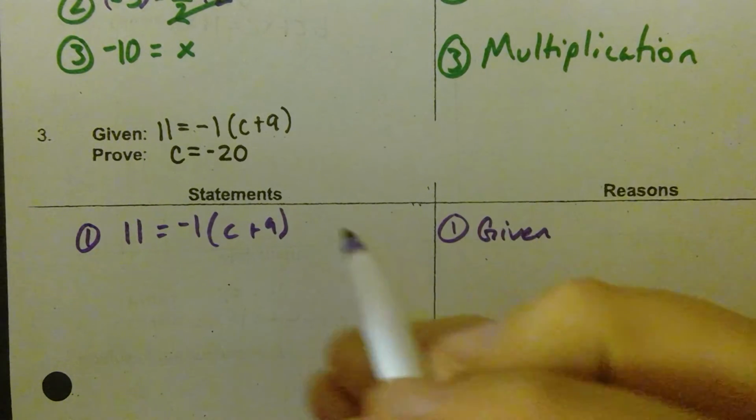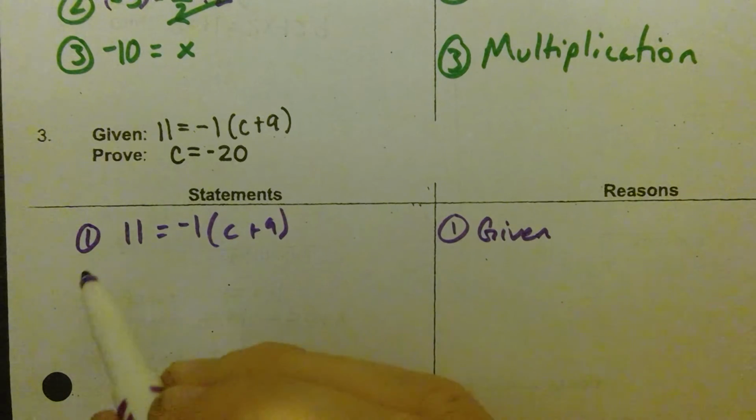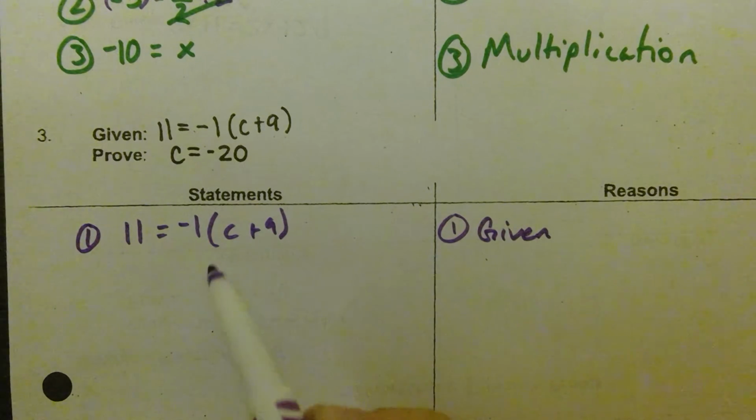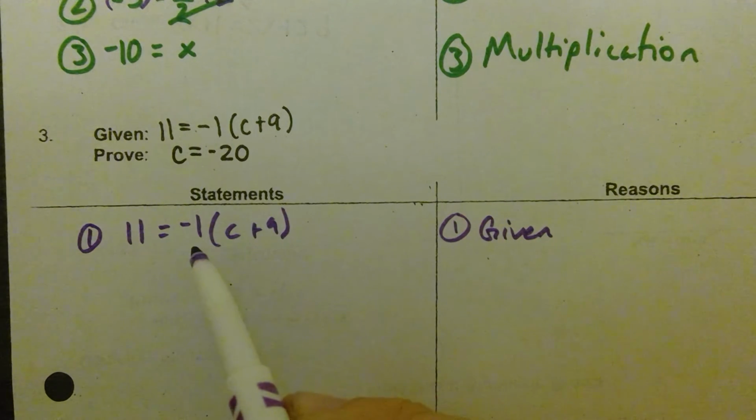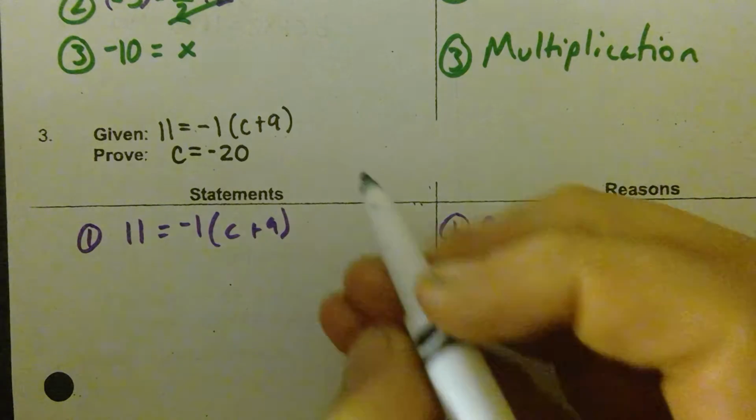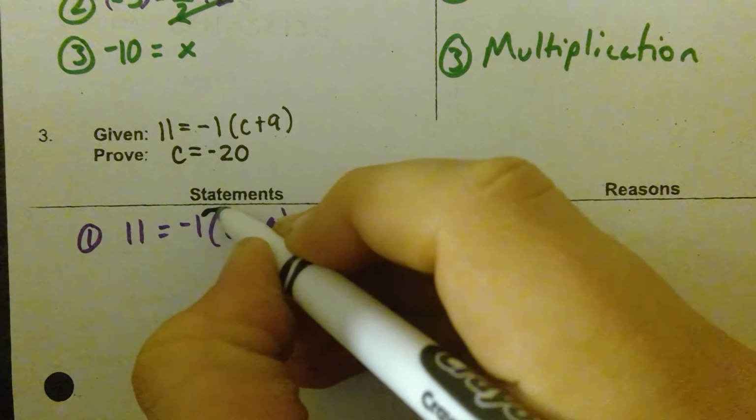Okay? So, what we're going to do first here is we've got parentheses, so distribution. We got this negative 1 out front in front of our parentheses. If we think back to doing distribution earlier this year and last year, we know distribution means we have to multiply.